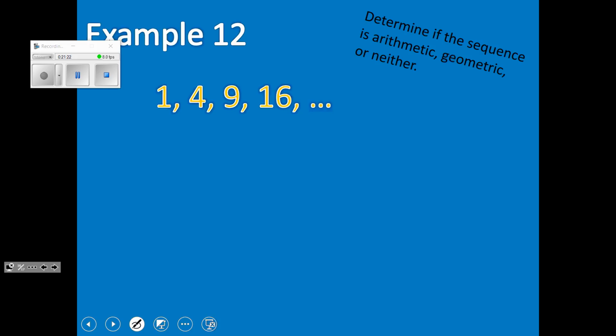Example 13 is our last one. Is this arithmetic? No, we're not adding the same thing every time. This is adding 3, and then that's adding 5, so that doesn't work. Okay, is it geometric? No, so this would be considered neither.